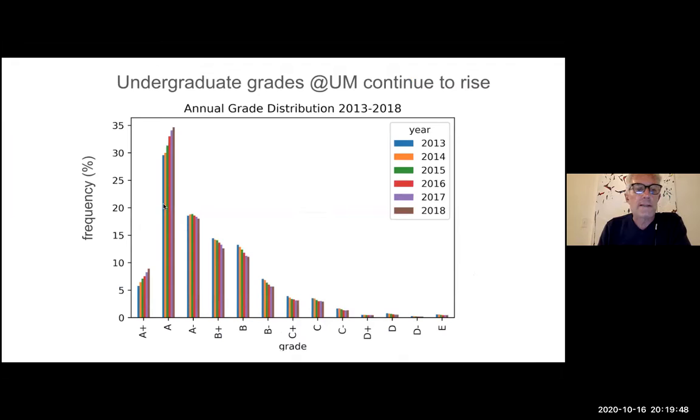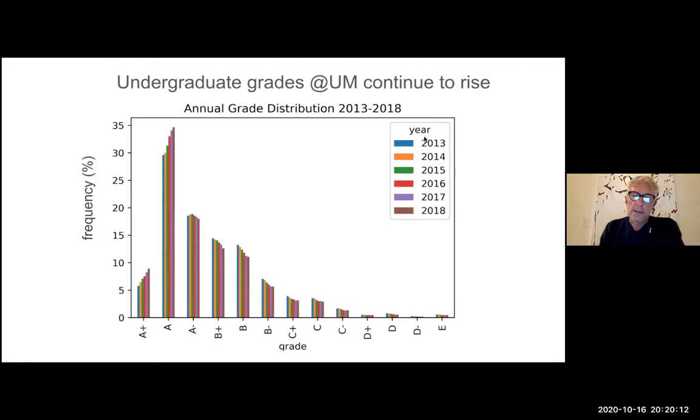Okay, grades. As part of this Atlas project, we had a poster at the Provost Seminar on Teaching, PSOTS. In 2018, we showed a poster where we showed how grades are rising on campus.